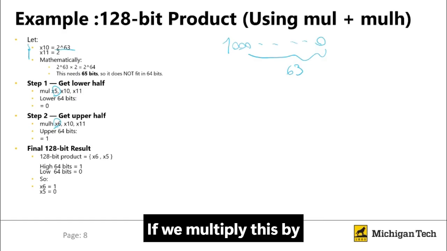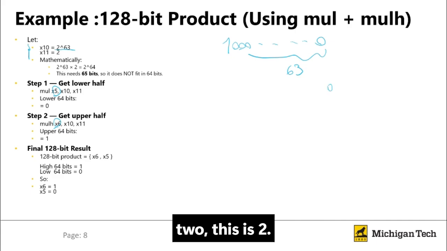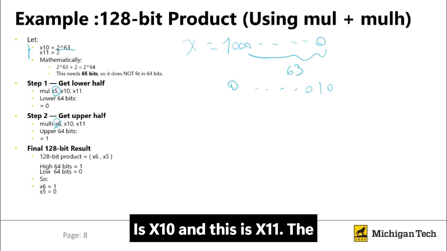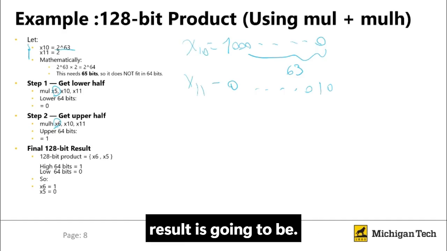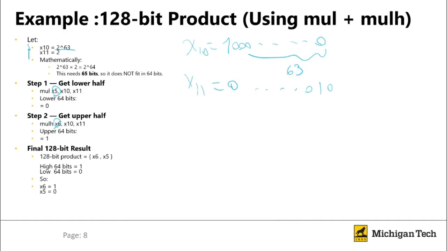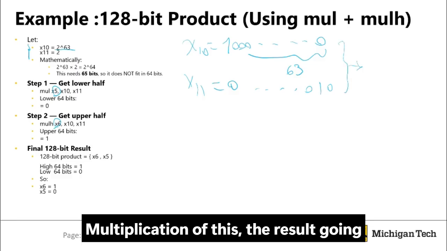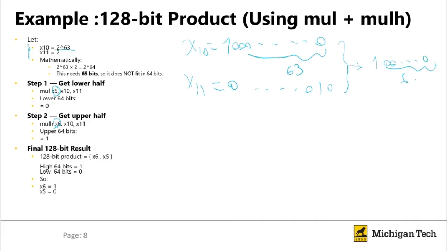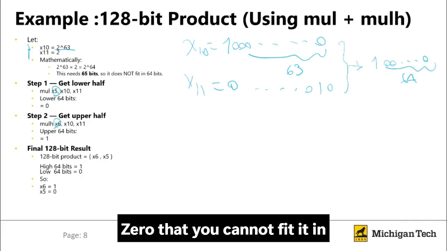If we multiply this by 2, this is x10 and this is x11, the result is going to be a 1 followed by 64 zeros, which you cannot fit in one register.